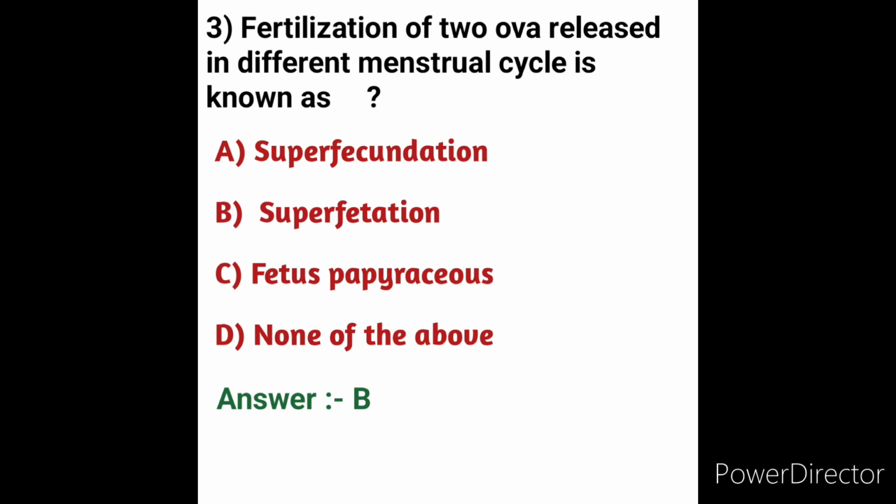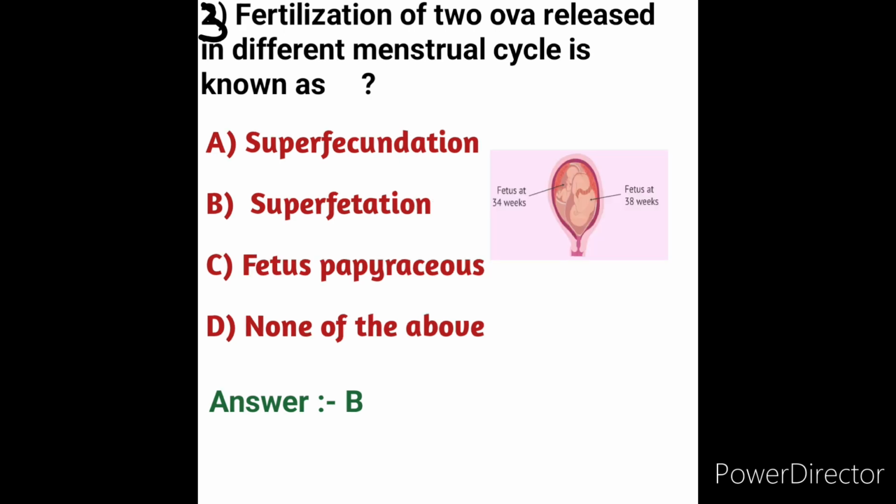This is different. Superfetation is a rare event that involves a woman getting pregnant a second time while already pregnant. This is the easiest definition of superfetation.